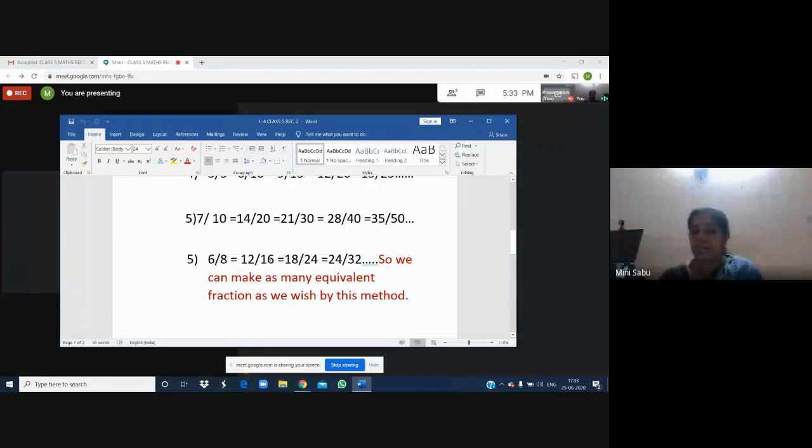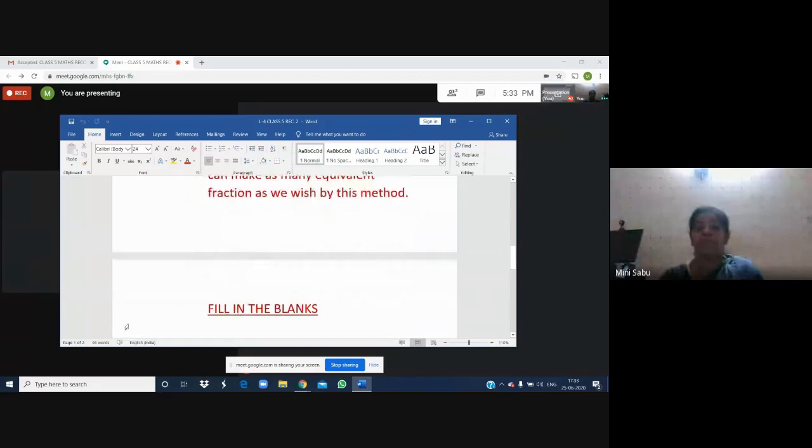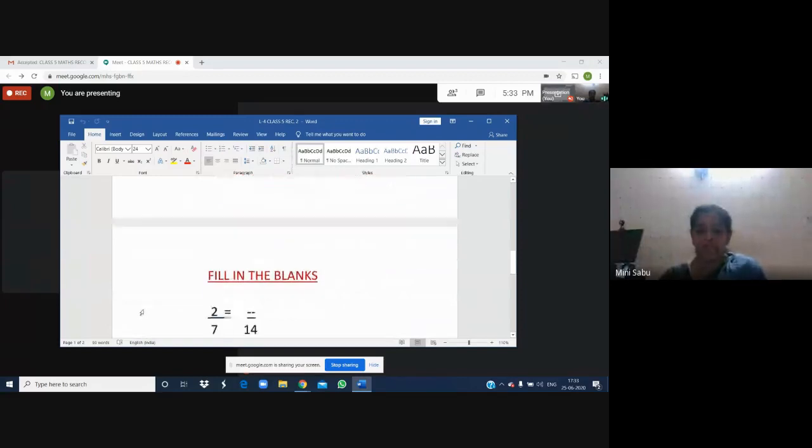So we can say 12 by 16, 18 by 24, 24 by 32 and 6 upon 8 are all equivalent fractions. So we can make as many equivalent fractions as we wish by this method. By which method? By the multiplication method, which you learned today.